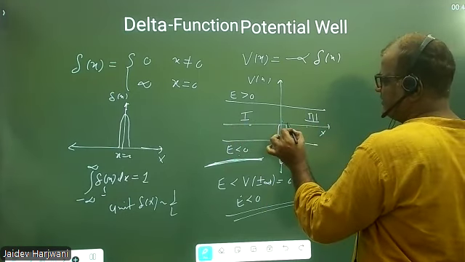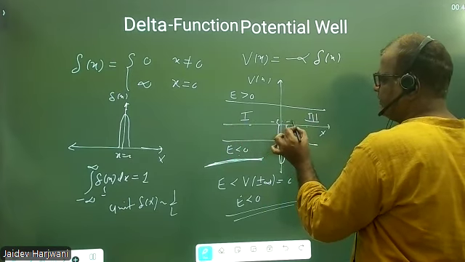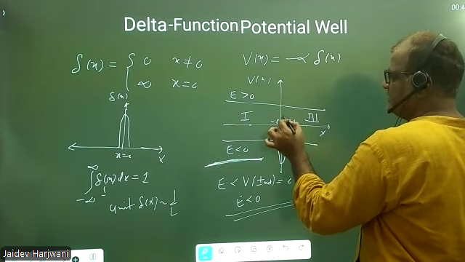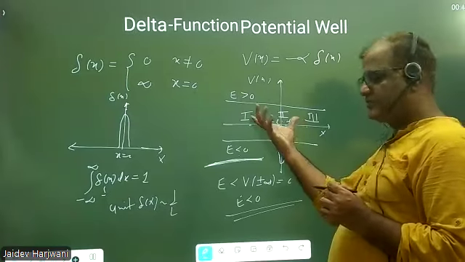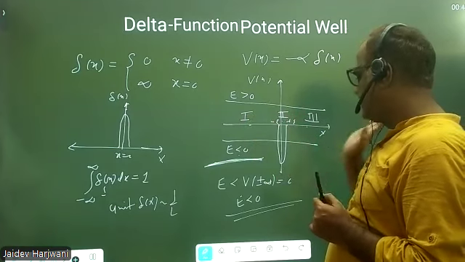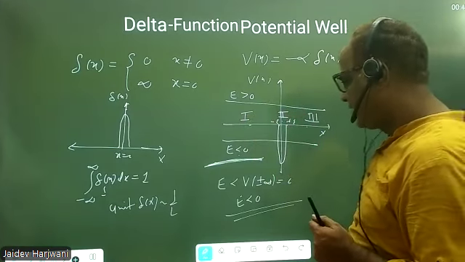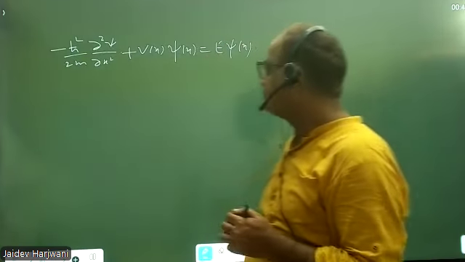And a very narrow width from minus epsilon to plus epsilon, I define as region 2. So I am dividing this potential region into three parts: 1, 2, and 3. And for all three I am going to write the Schrödinger equation.